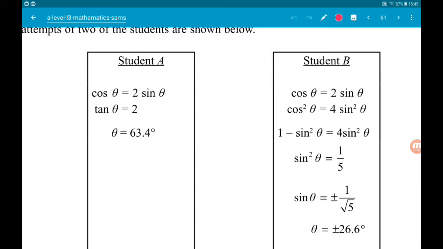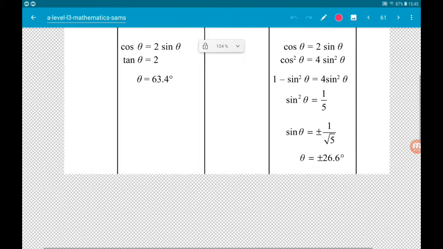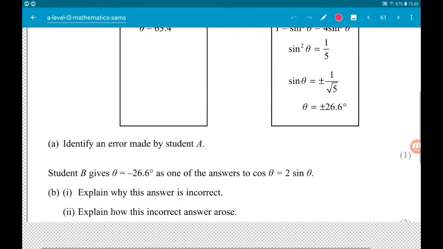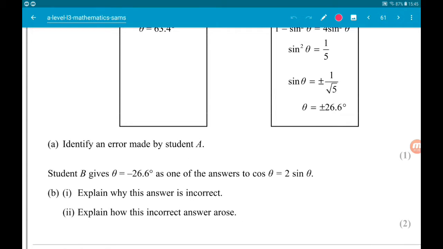So that's the answer to part A. Student B gives theta equals minus 26.6 as one of their answers to cos of theta is equal to 2 sine theta. Part B1 asks to explain why this answer is incorrect.